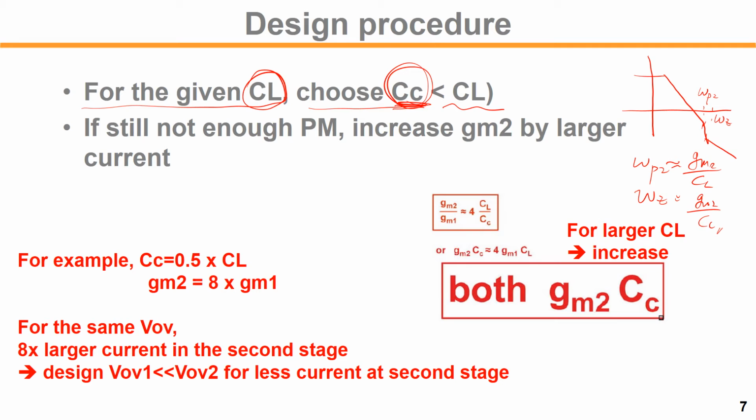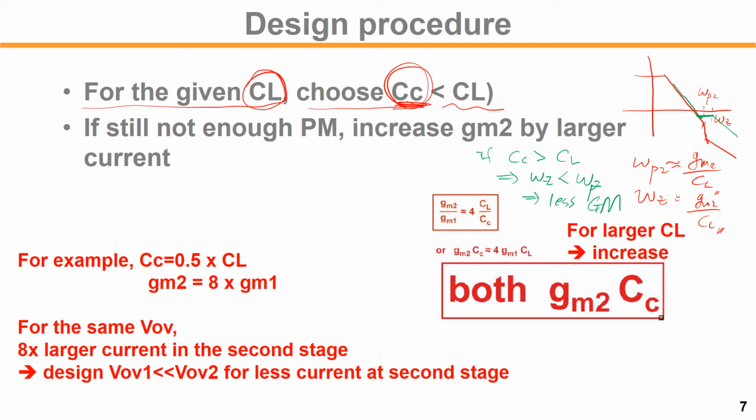If CC is larger than CL, then what happens? The zero appears first, and then the pole. So omega z is below omega P2, meaning less gain margin.